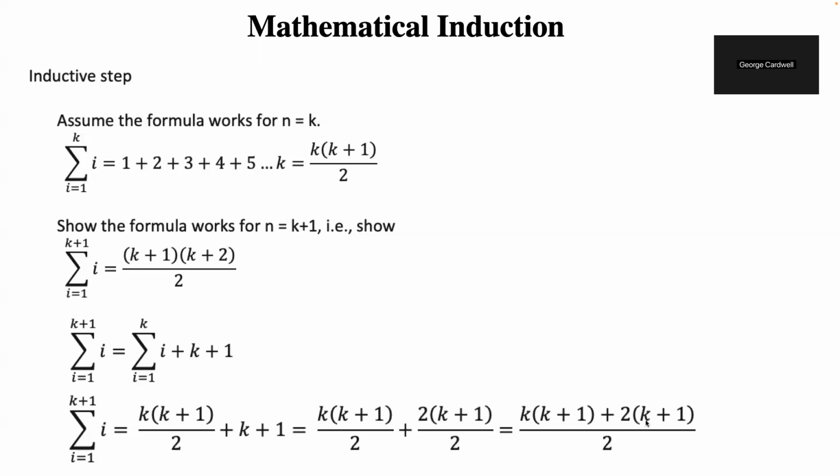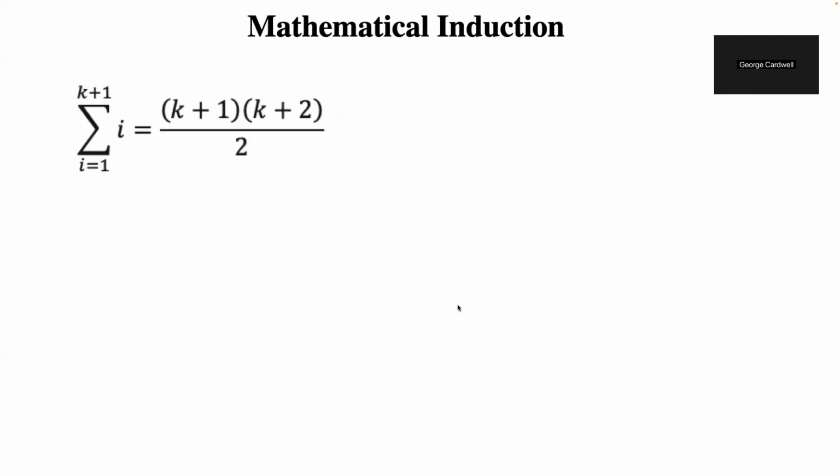And then I note k plus 1 is common to both terms. I can factor it out. If I factor k plus 1 out, it would be k plus 1 times k plus 2, which is exactly what I want.